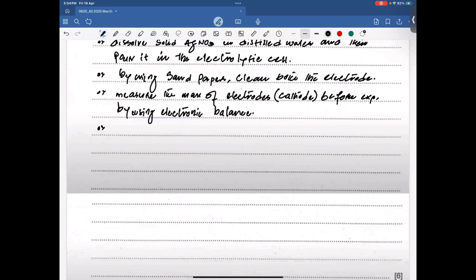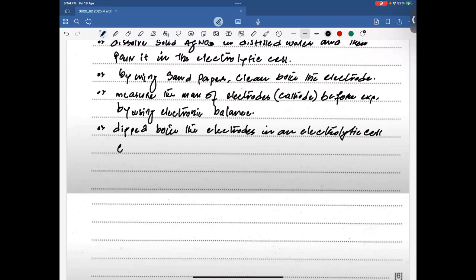Now dip both the electrodes in an electrolytic cell containing silver nitrate electrolyte.